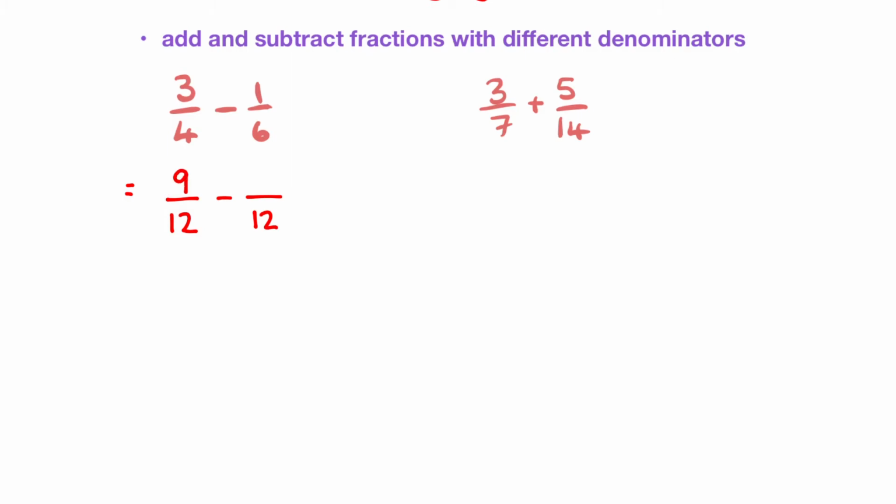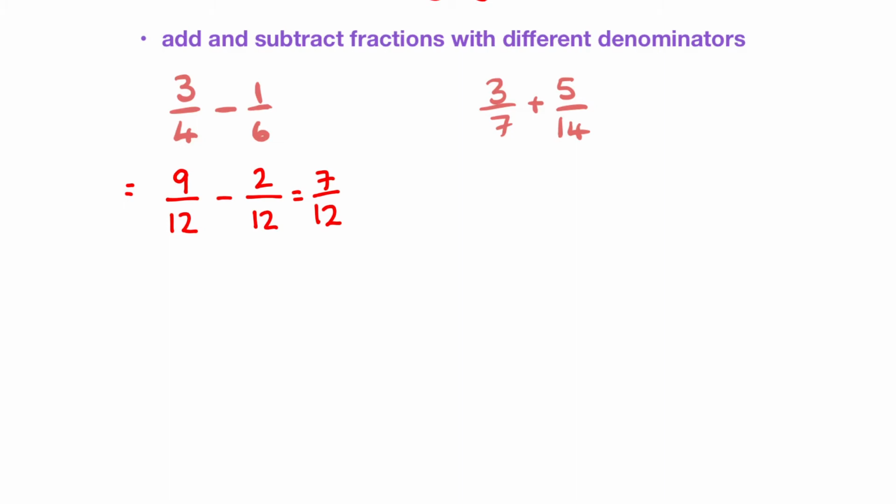And then, looking at the second fraction, what have we multiplied 6 by to get 12? 6 times 2 is 12, so we need to do 1 times 2, because you've got to do the same to the top and bottom to get 2 there. So now we can work out the answer, because we've got 9/12, take away 2/12, gives us 7/12 in the end.